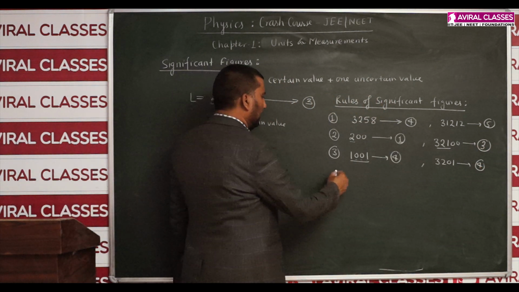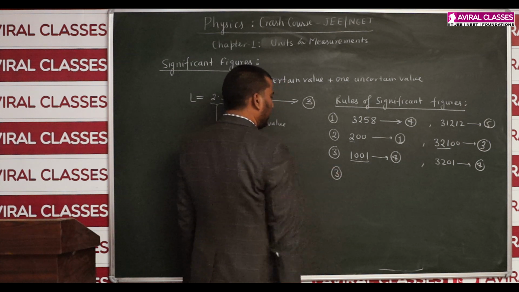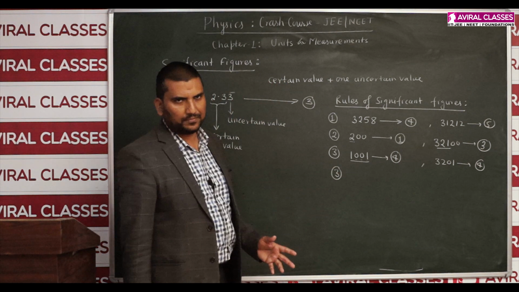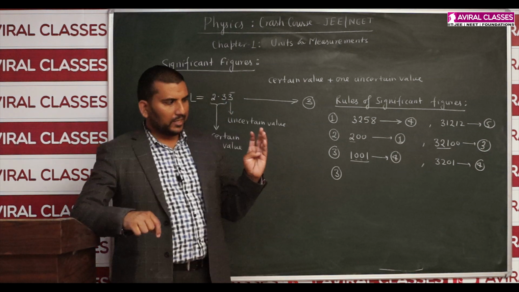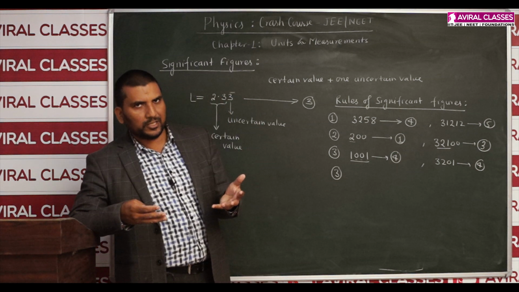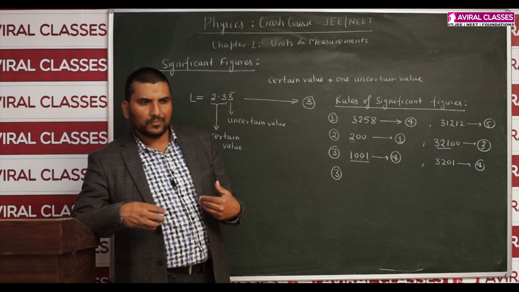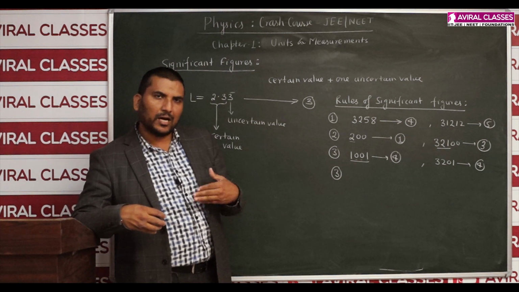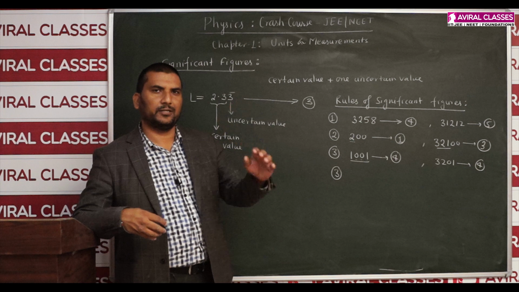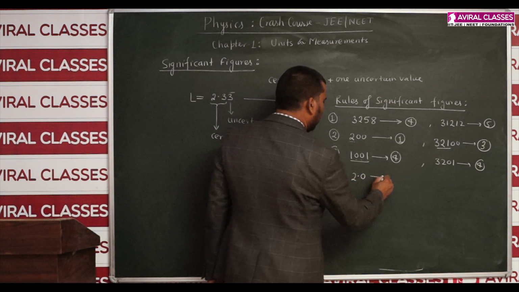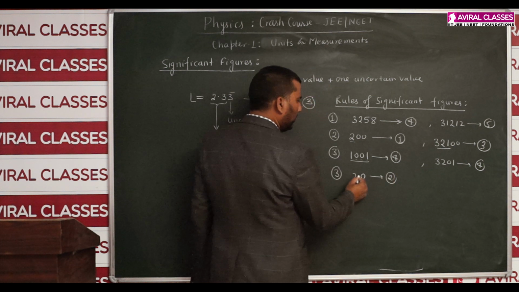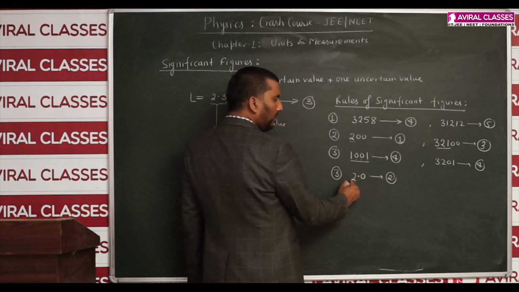Now rule number 3. In case of decimals, if there is a non-zero digit before the decimal, then zeros after the decimal are considered significant. For example, if I have 2.0, the number of significant figures is 2 because there is a non-zero digit before the decimal.